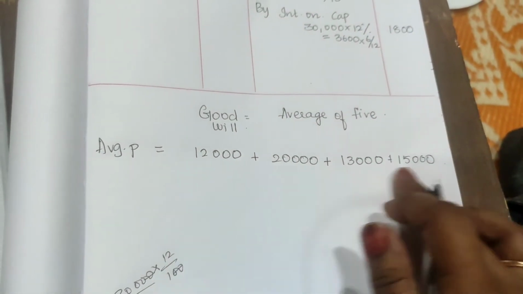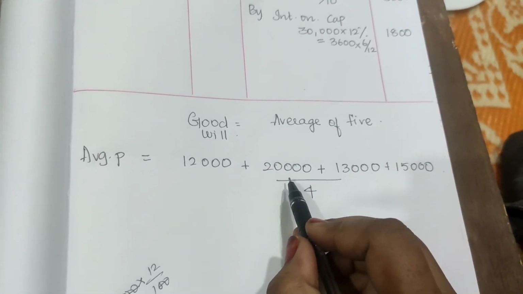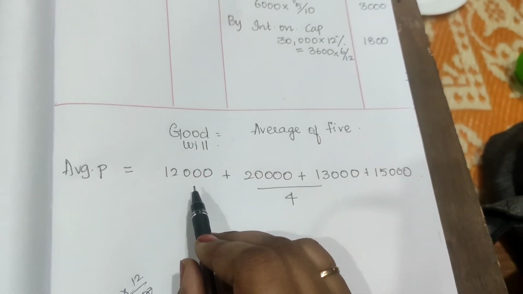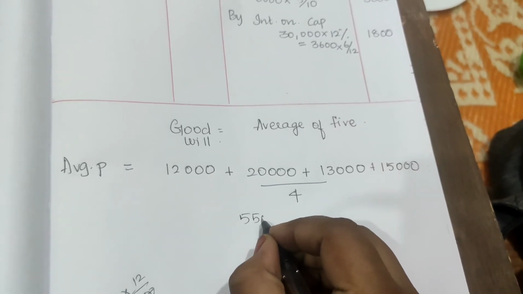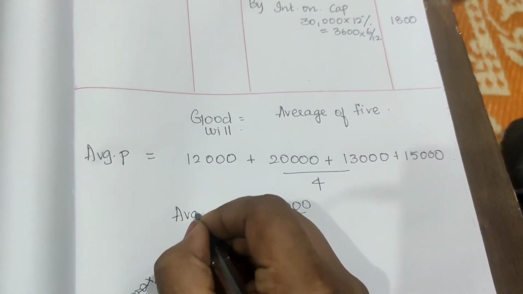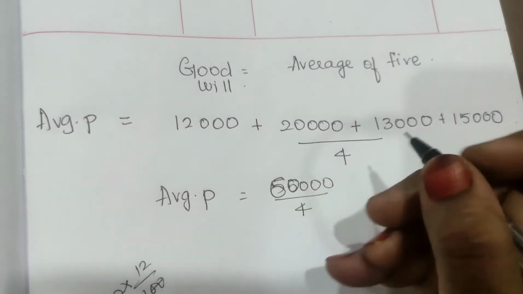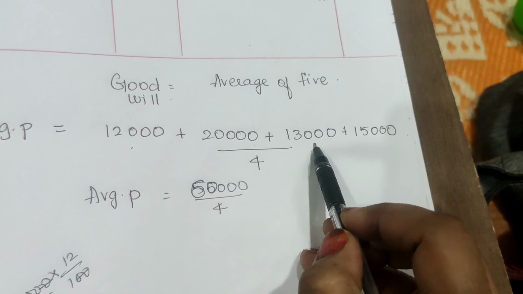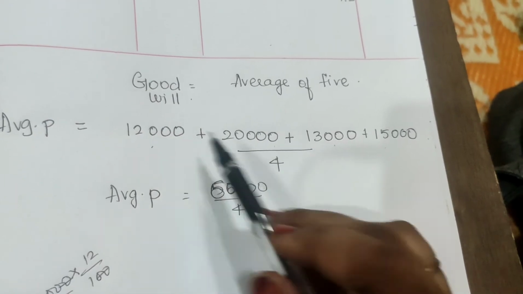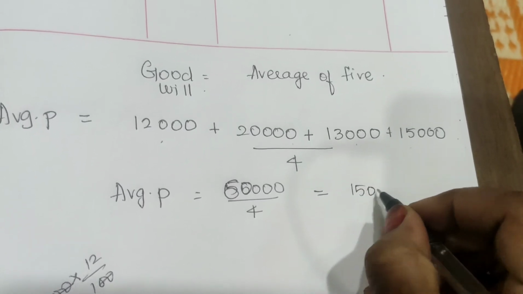Divided by 4. Sorry, this is overall 60,000. Why? Because 10, 30, 40, 50, 55 and 3 plus 2, 60. 60 divided by 4 is our average profit, which is 15,000.